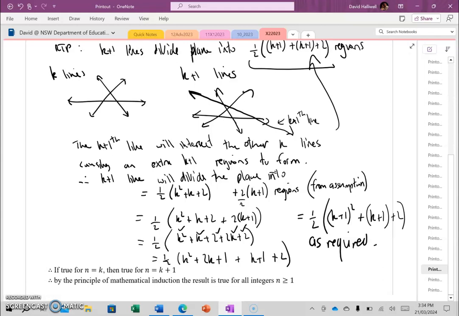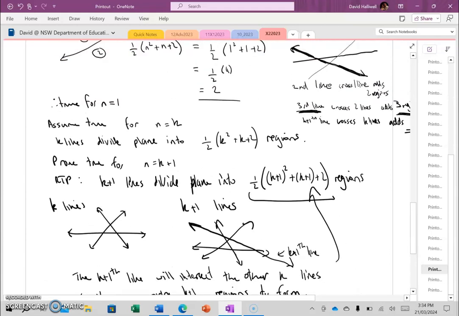The key thing was spotting the pattern. As I add an extra line, it's going to intersect with every other line that was there previously, which would be k lines, and then divide into k plus 1 regions. And if you're not sure, start a pattern, just like how I did over here.